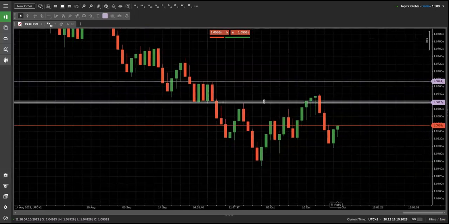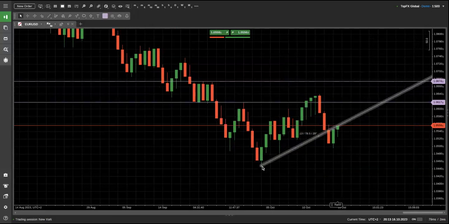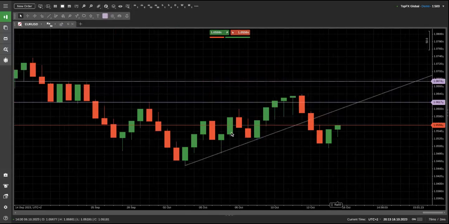Let me just show you something which is directly related to the trend line, because from the lows of this line we can get our trend line here. And because we have a clear movement of the 50 pips on every range bar, we can clearly see the rejection, the breakout below the trend line, and then extension to the downside.